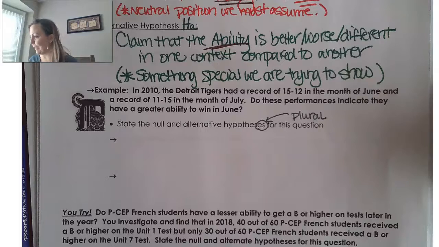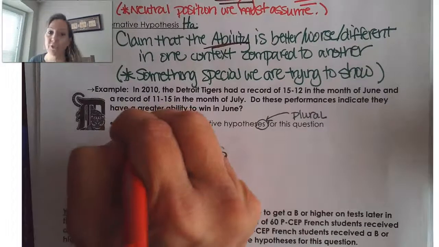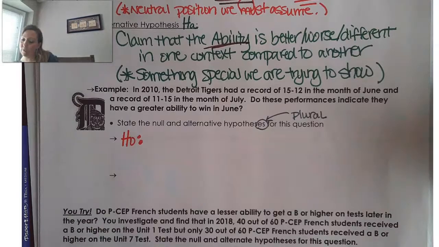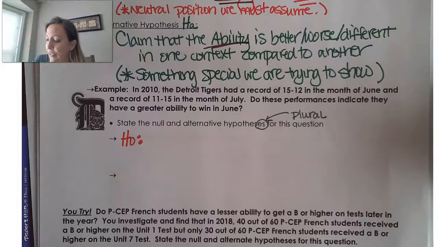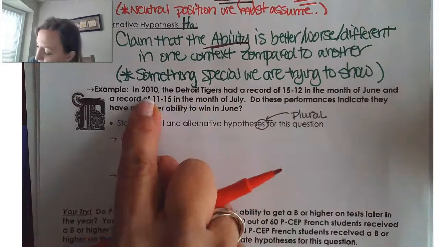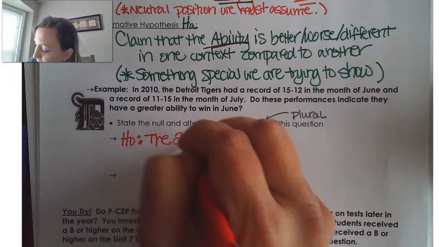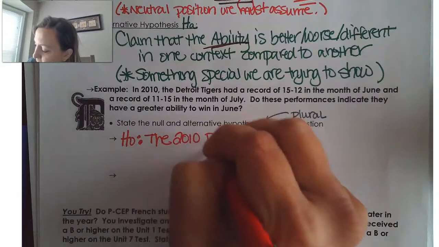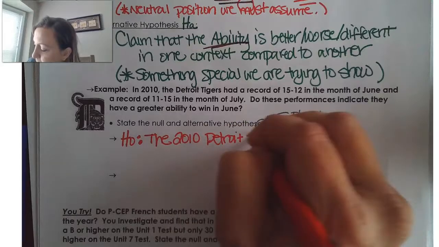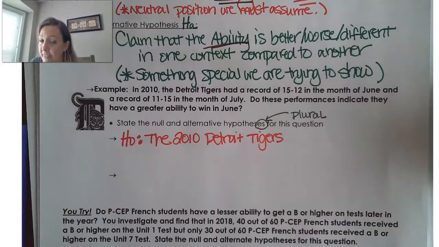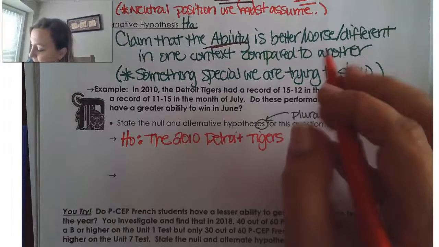So let's start by writing our null hypothesis, and it should be labeled H0, and we should always start with that one, okay? So our who and our when are the Detroit Tigers in 2010, so that will be here. So the 2010 Detroit Tigers. Now we're going to talk about ability, and in our null hypothesis, we talk about the same ability.